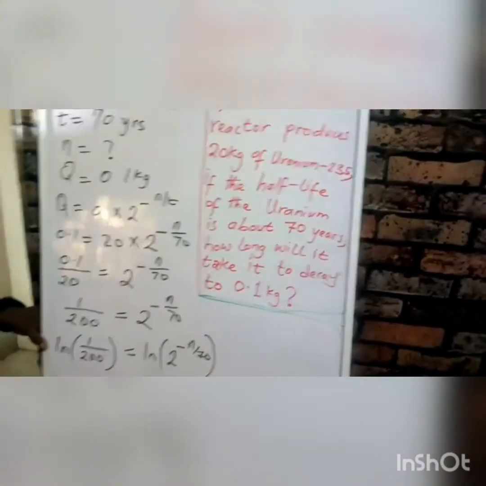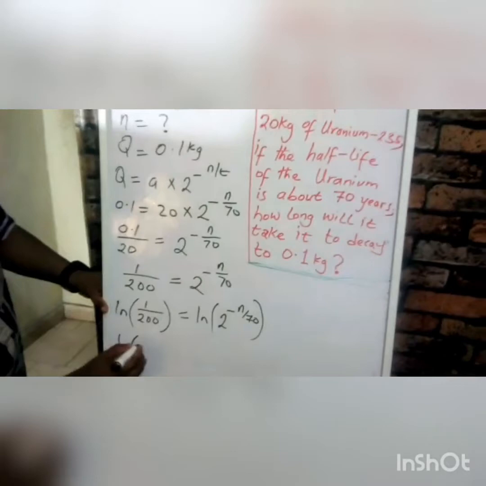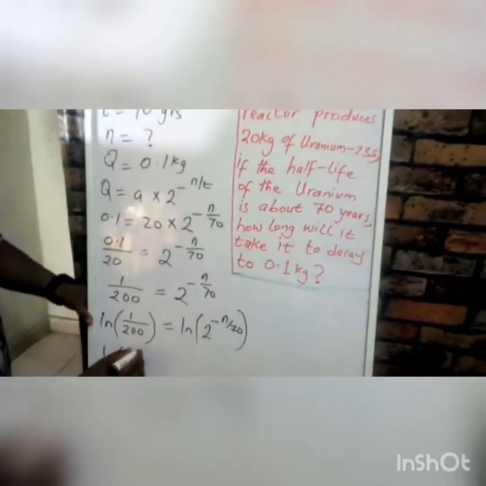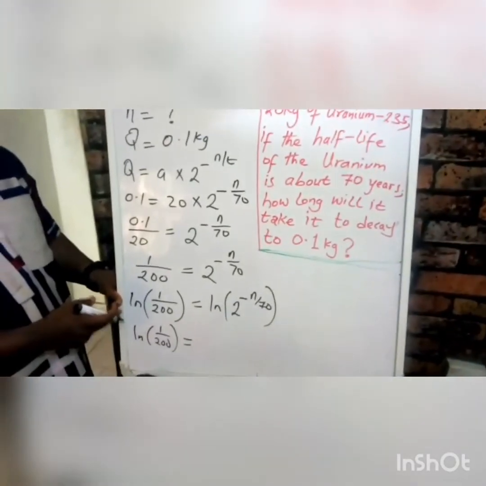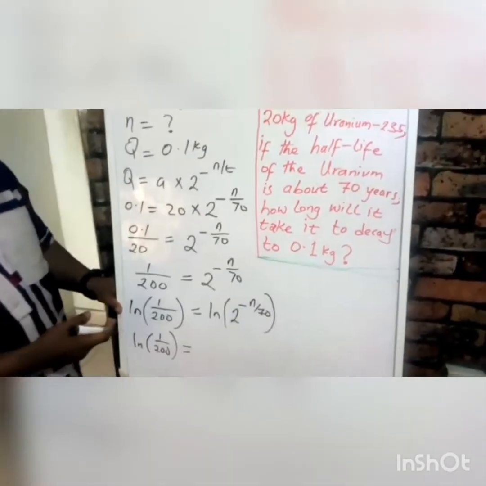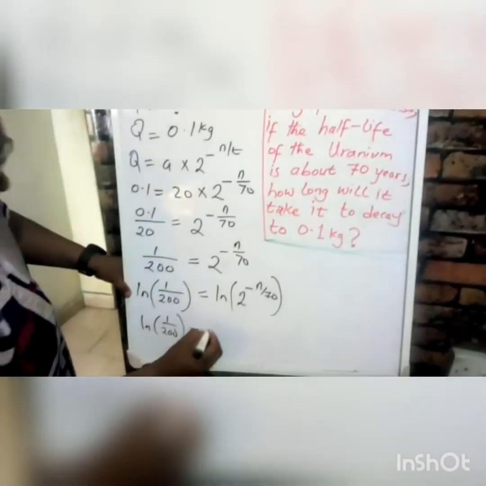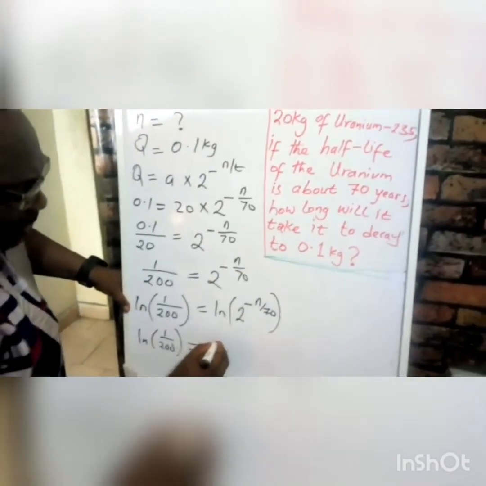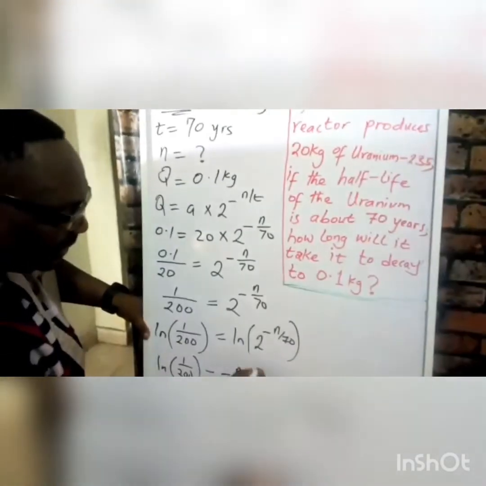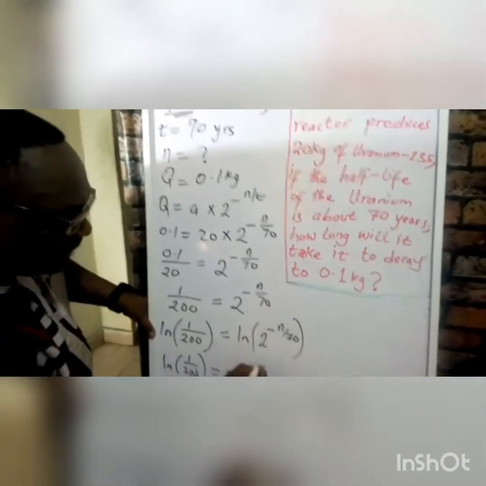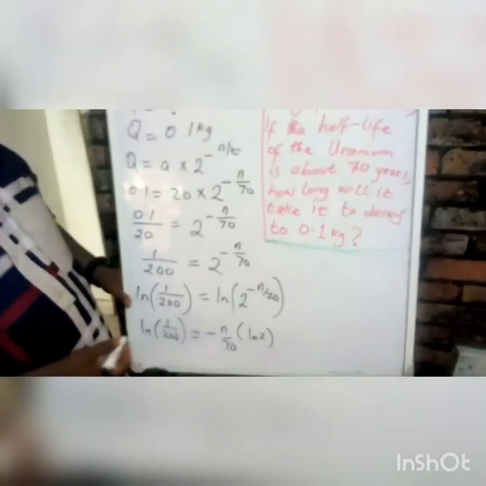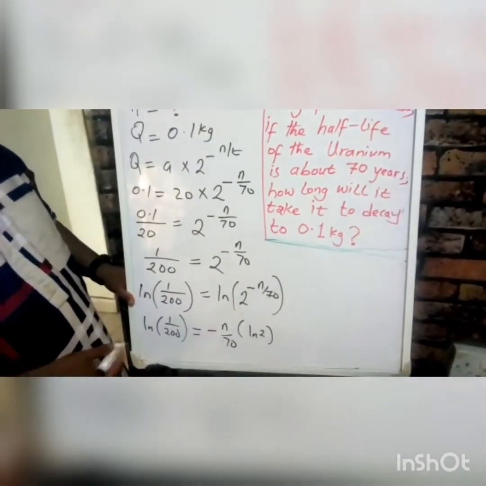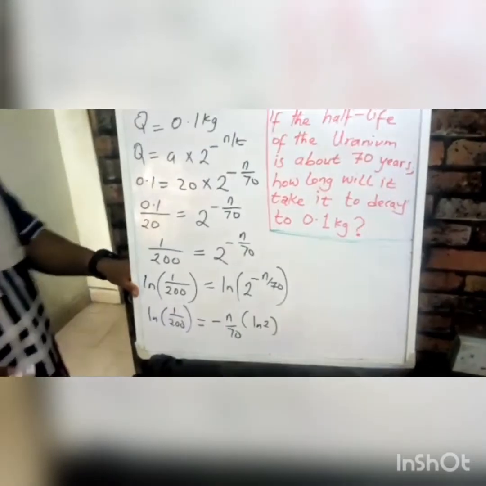Actually, where I'm using the ln, the natural log, you could also use a normal log to both sides. So ln 1 over 200 is now minus n over 70 into ln 2. You know, from your laws of logarithm, the power can become a coefficient at the front like this. So you now have minus n over 70 into ln 2.